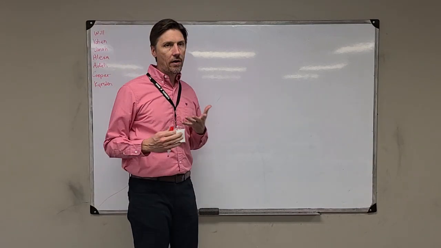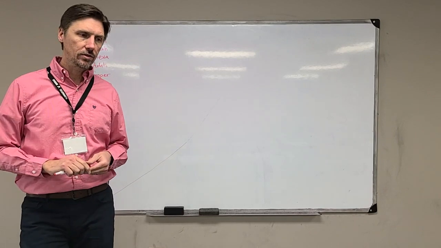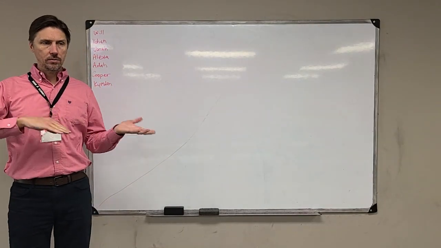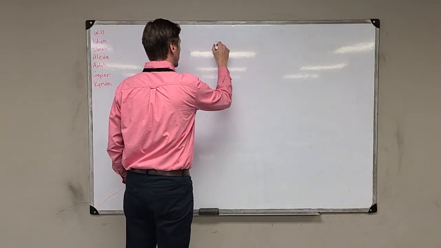When we've got variables in our fractions, and we're trying to determine whether I can add terms together, what's the rule?